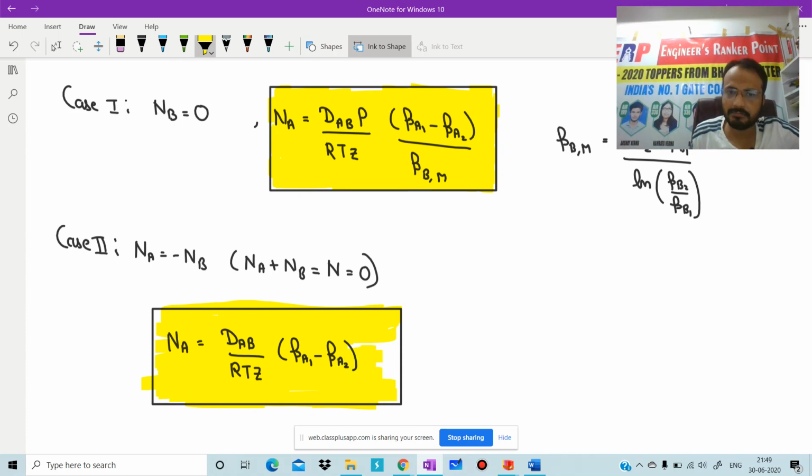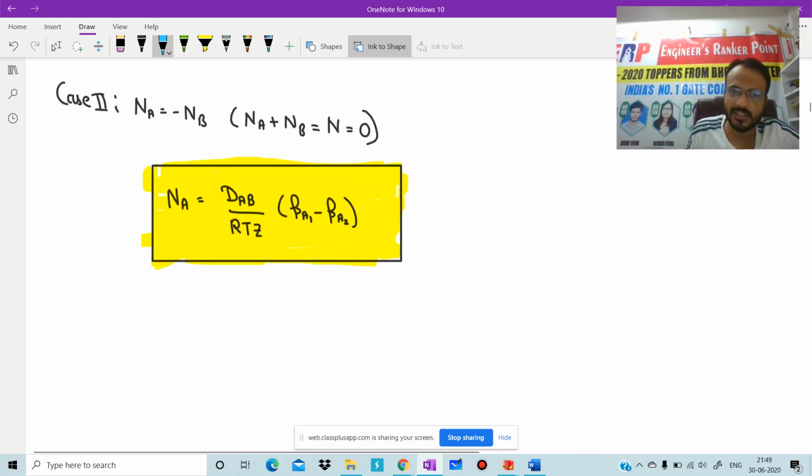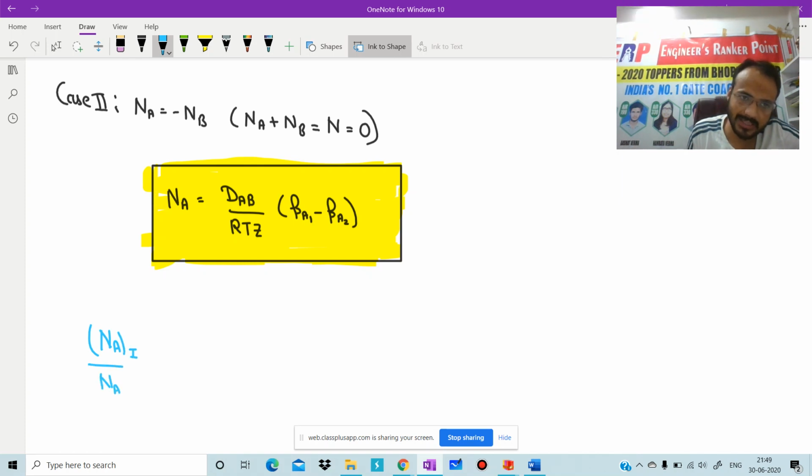If someone says in any question, what is the ratio of both these cases, case first and case second, then if you get such a question in your GATE exam, that is very simple for you. If you take the ratio of case first and case second, suppose it is NA1 for the first case and NA2 for the second case, then each and every term will cancel out.